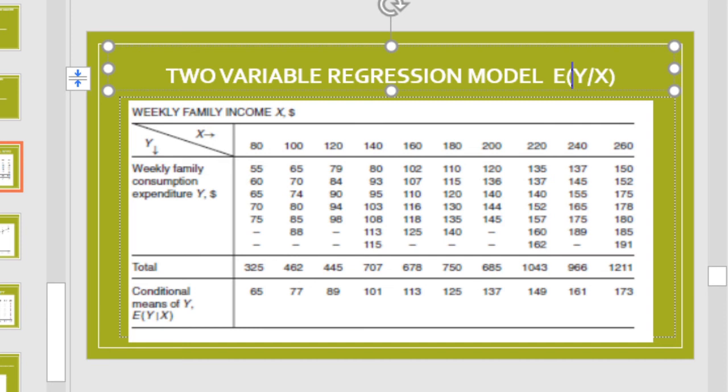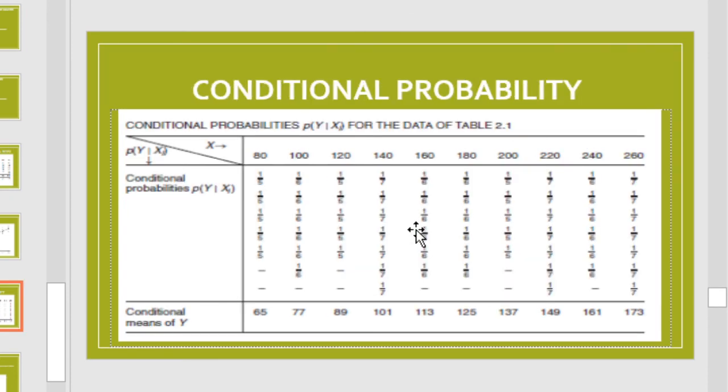In regression analysis we usually predict the dependent value on the basis of the given or fixed value of the independent variable. These values are known as expected values, and it is written as expected value of y given x.